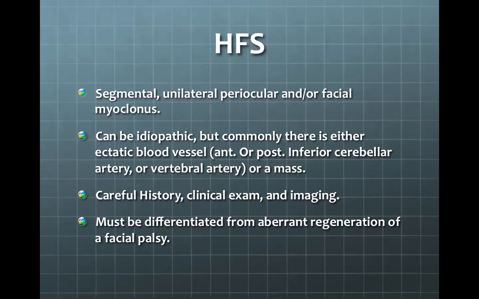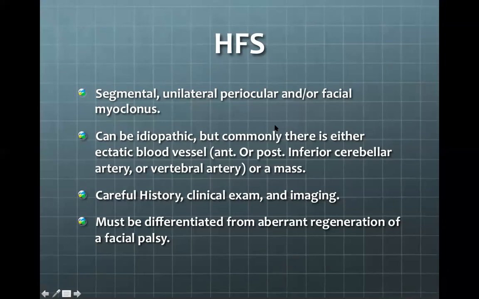It can be idiopathic, but commonly there is compression of the facial nerve, either by an ectatic blood vessel, usually the anterior or posterior inferior cerebellar or vertebral artery, or by a brainstem mass.